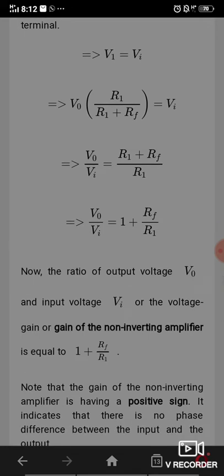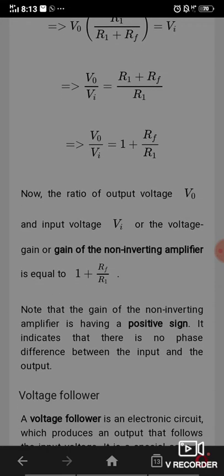So here is the basic concept. The voltage gain of the non-inverting amplifier is 1 plus Rf upon R1. Note that the gain of the non-inverting amplifier has a positive sign. It indicates that there is no phase difference between the input and output.